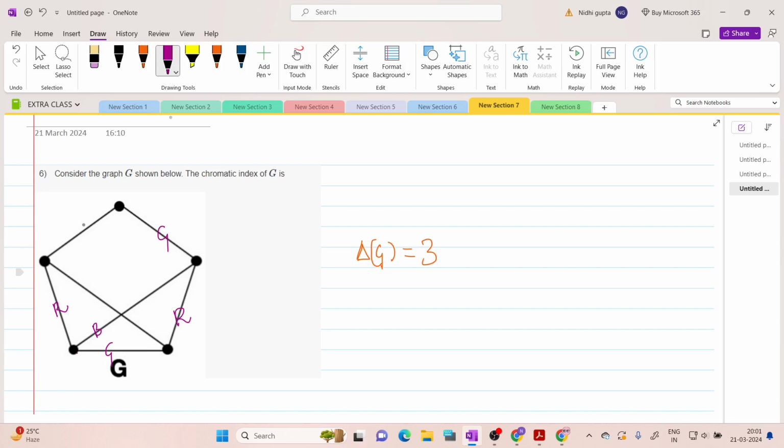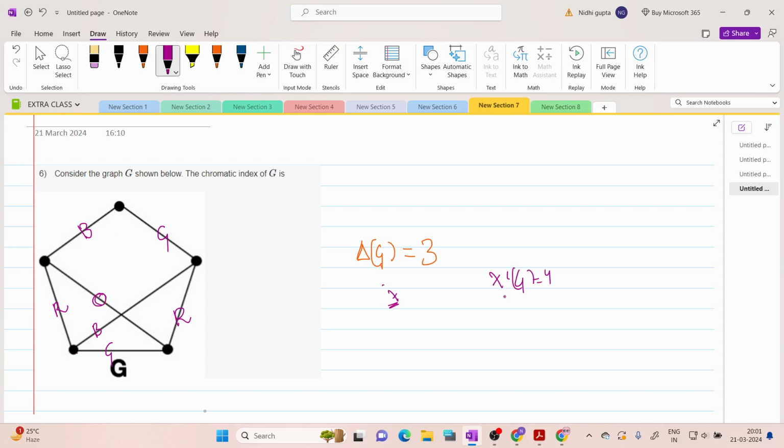So now for this one, we have to give blue. But for this one, we cannot give red, we cannot give blue, and we cannot give green. So we'll have to give another color, which is orange. So we see that we need at least four colors. So chromatic index is 4.